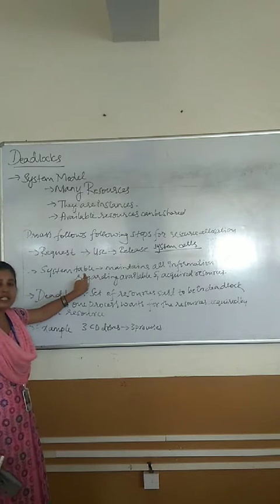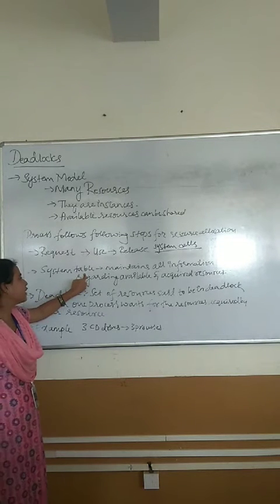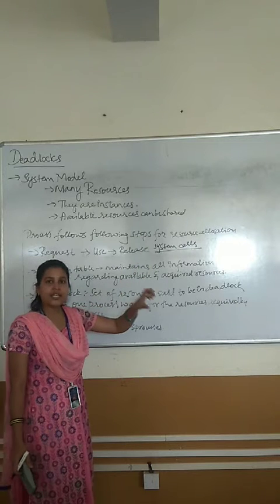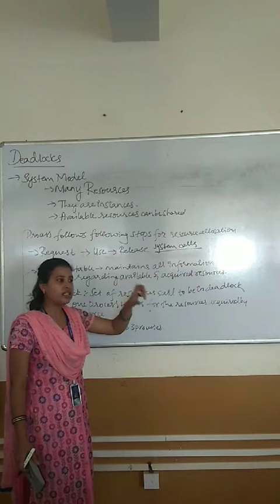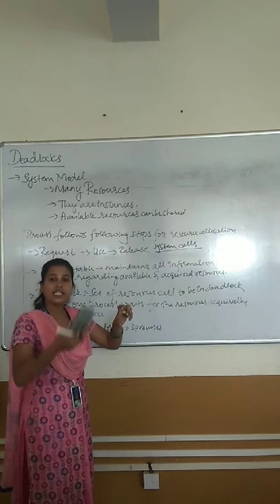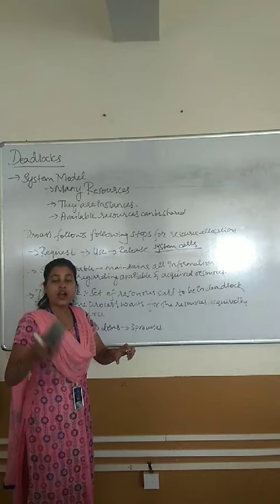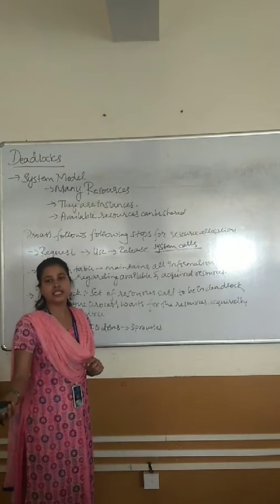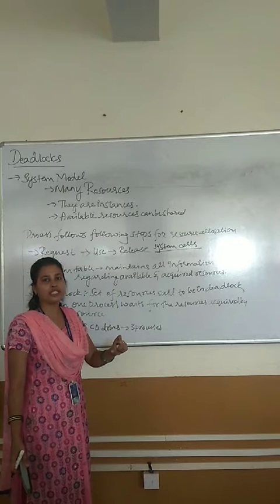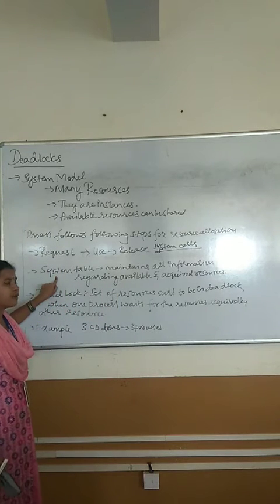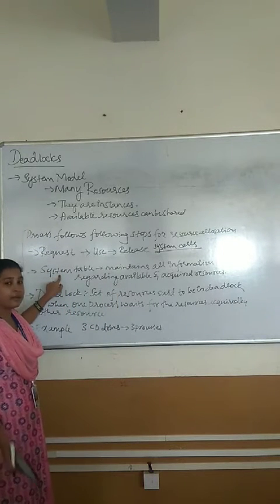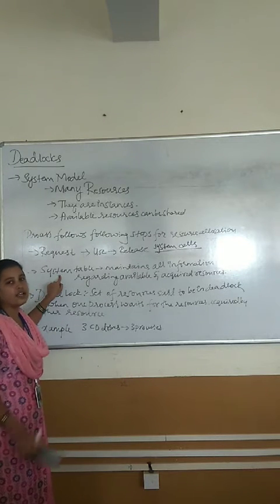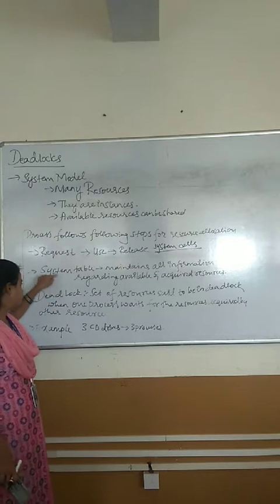It consists of information regarding the availability of the resources: how many instances each has, how many are free, how many are acquired by whom, and when they will be released. The operating system can access this data to allocate the resources to the processes.